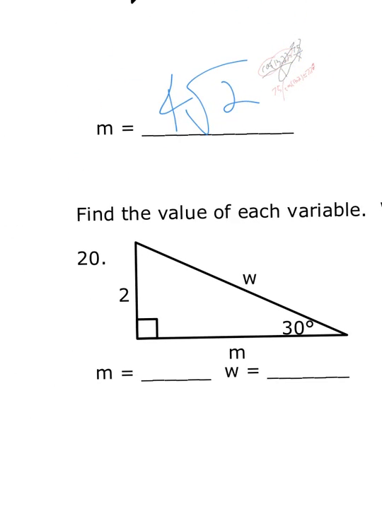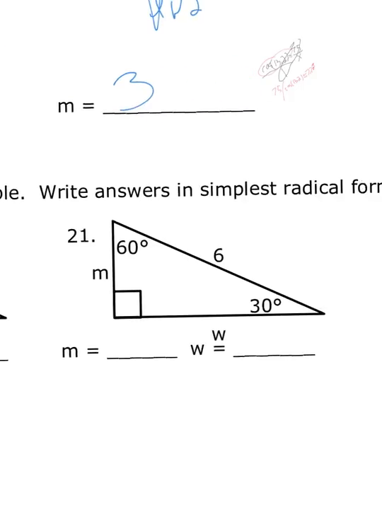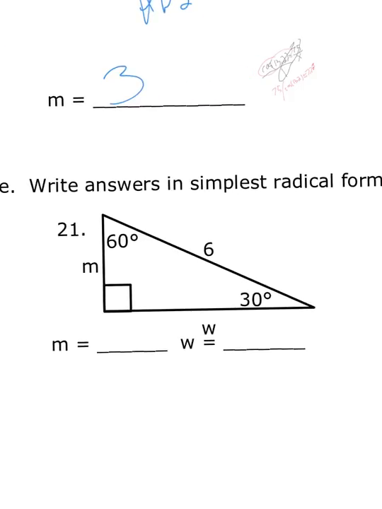30, 60, 90. So this is my S. This is my 2S. So W is 2 times 2, so W is 4. And then M is my S square root 3. So if S was 2, then S square root 3 is 2 square root 3. And 30 is looking at M, which is your short side, S. 90 is looking at 6, which is 2S, which means M is half of that, so 3.